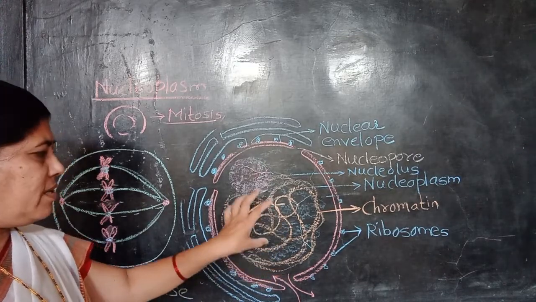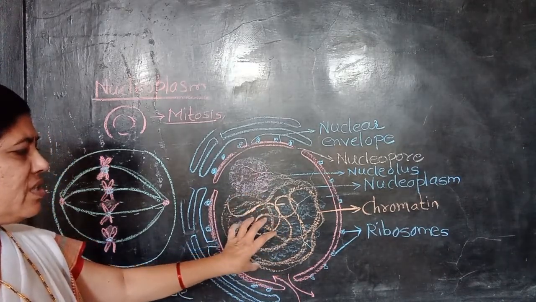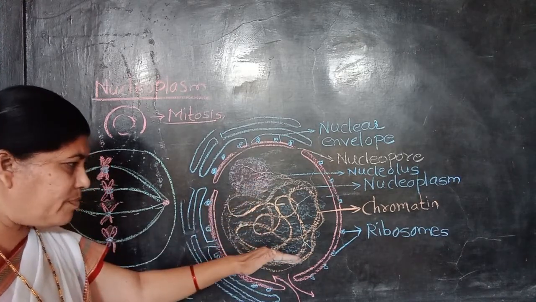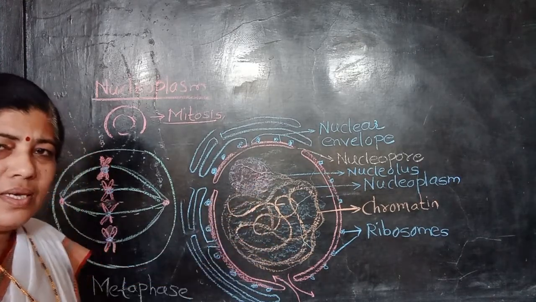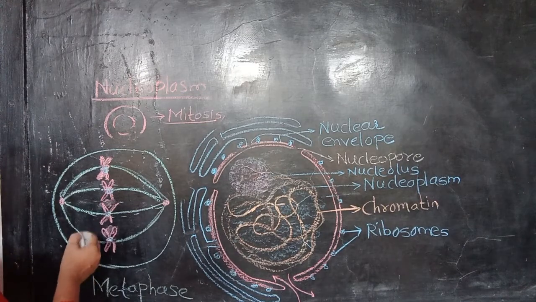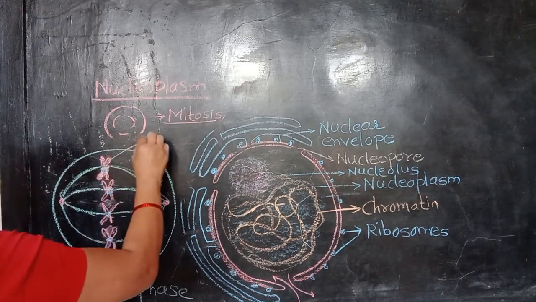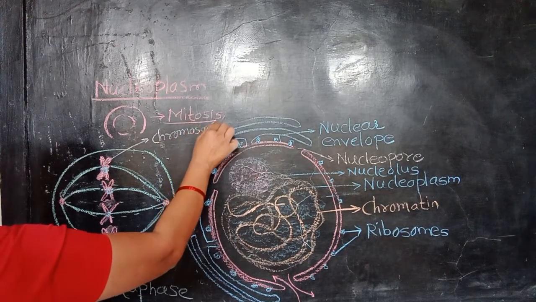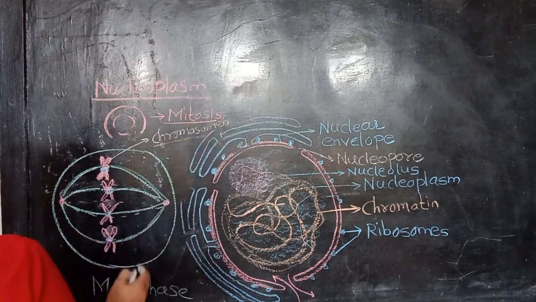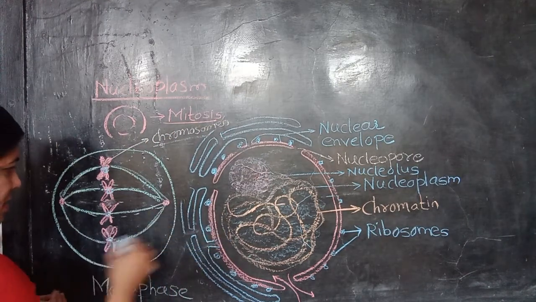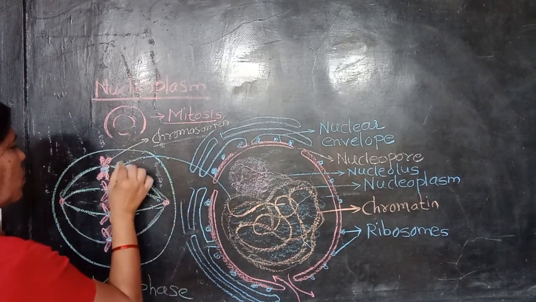But when the cell undergoes any division, that is mitosis or meiosis, these chromatin fibers condense, become short, become thick, and chromosomes form. So these are chromosomes. Formation of chromosomes takes place from this chromatin material.